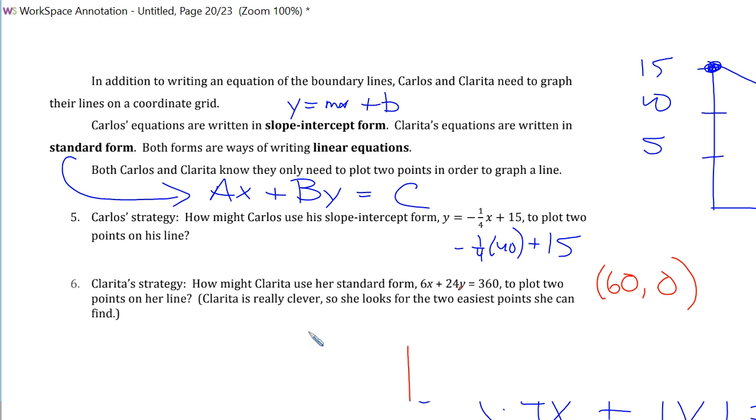Does that make sense? Okay, so 60, 0 is on there. So what number will I put in for y to give me 0 for x? 15. So 0, 15 is on there.